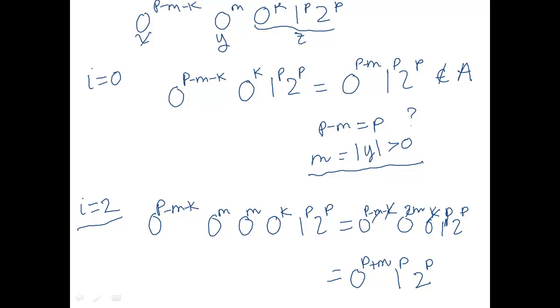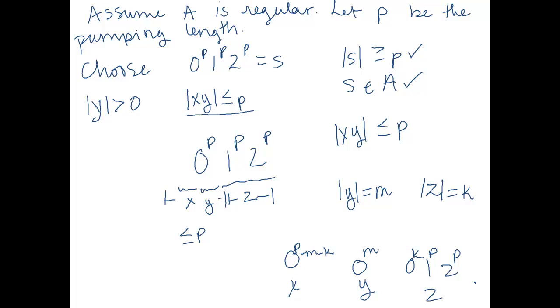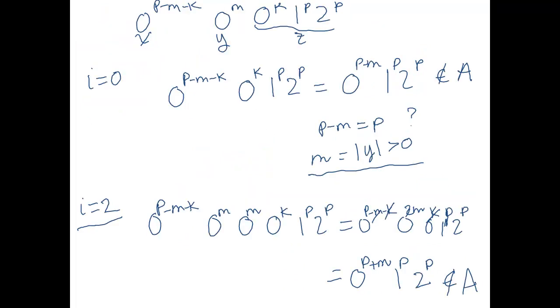Okay, so this is not in A. So what do we have? To finish off our proof, we would say that for every decomposition, and here are the decompositions, this is what we did here, for every one of them, I can find an i, and in my proof I would choose to use either i equals 0 or i equals 2.